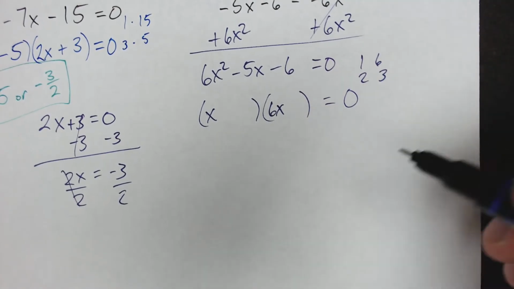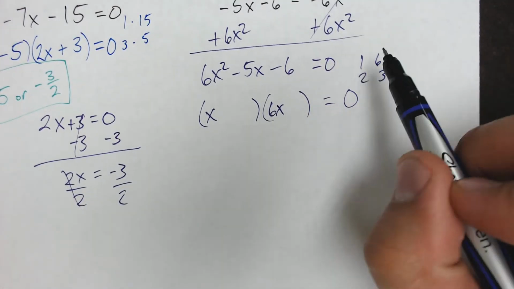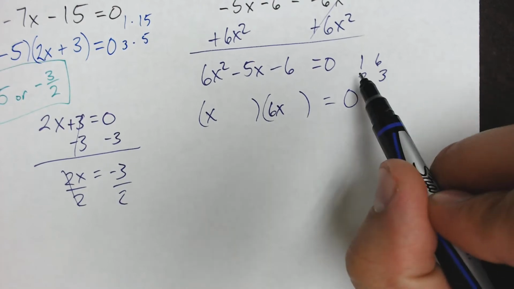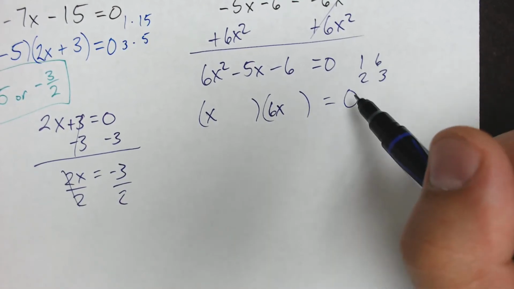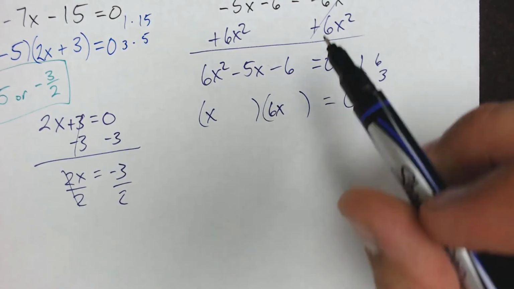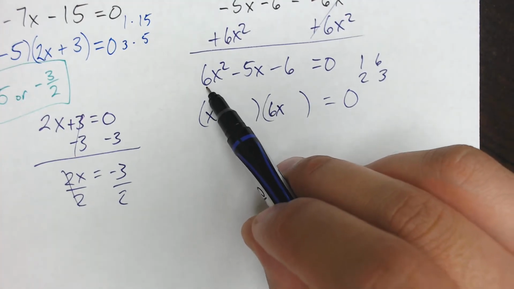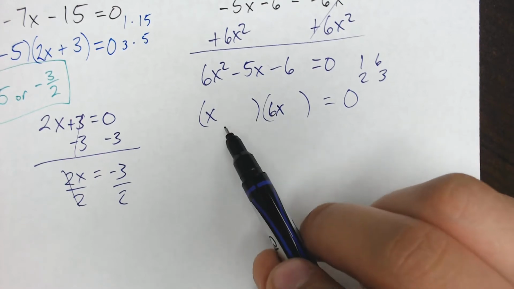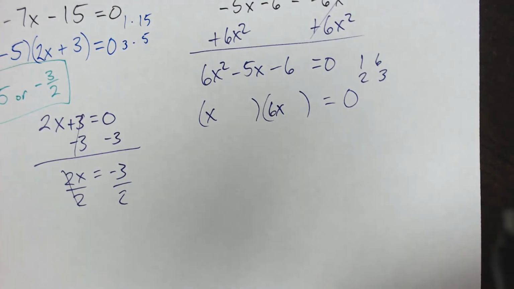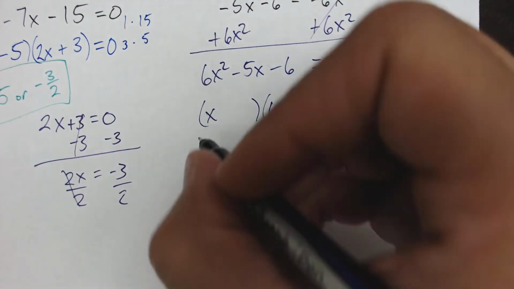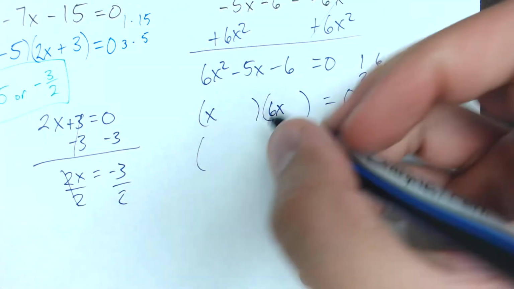I forgot something. Okay, so here we're at an impasse. I'm looking at the 6x and the x, and then I see that if I do any one of these, I'll never add up to -5, right? There's another option for when you have composite coefficients to the lead term. Is 6x times x the only way to get 6x squared? No. There's another way that I didn't think about until just now when I looked at it.